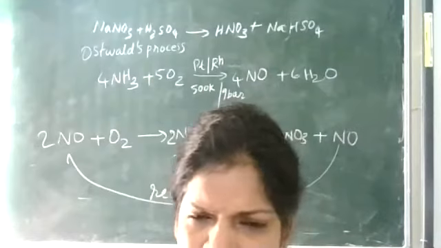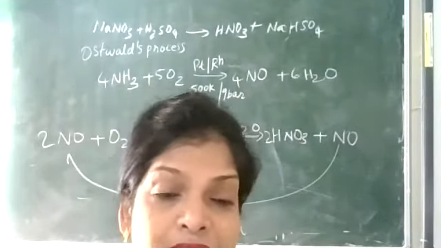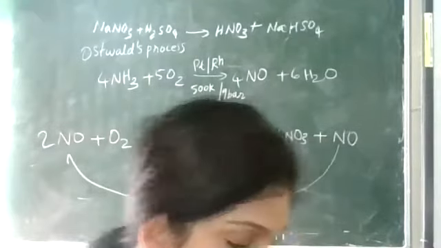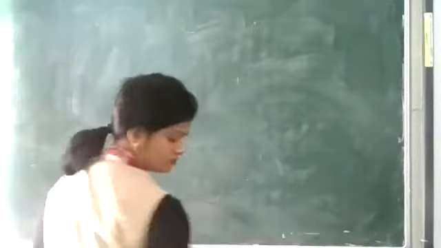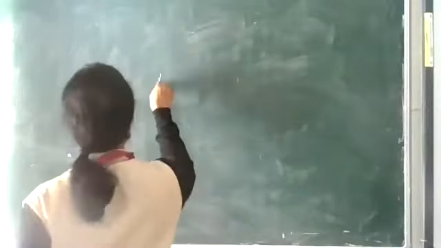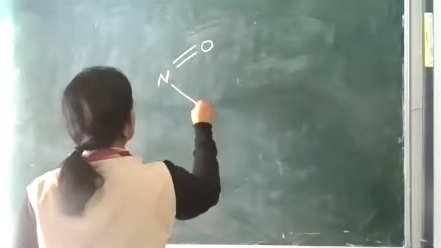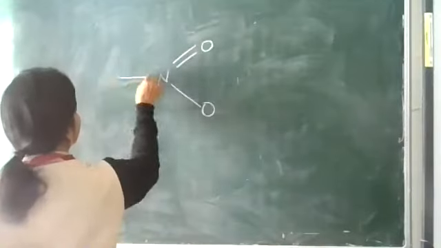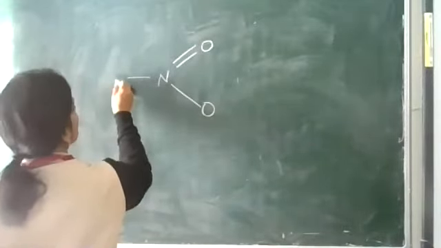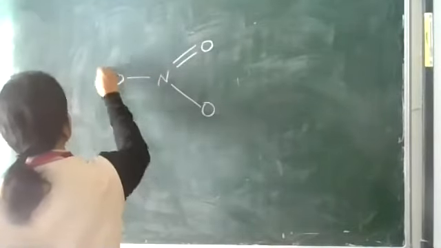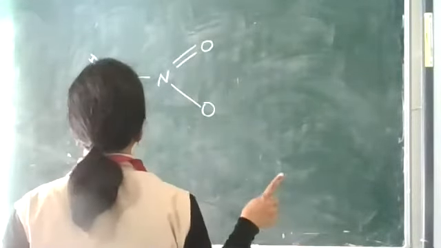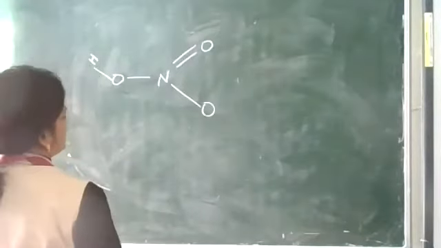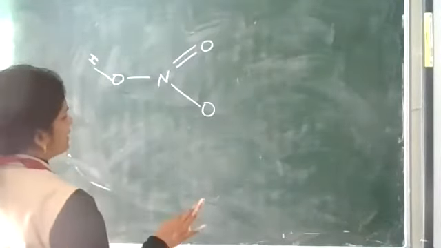Properties of HNO3. HNO3 is a planar molecule. All atoms are lying in a plane.